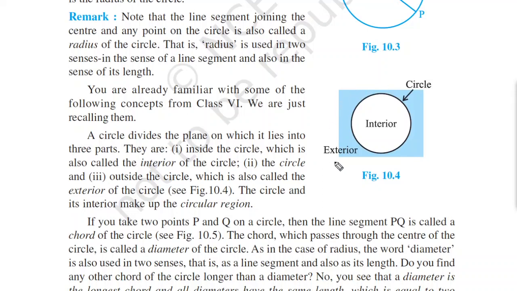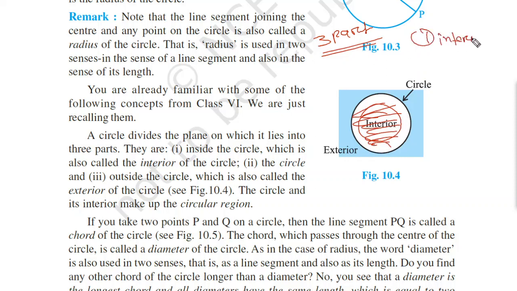You can see in a plane there is a circle, and this circle is dividing the plane into three parts. Let's see what the three parts are. First of all, the interior part. This part is the interior of the circle. Then the next one is the exterior.